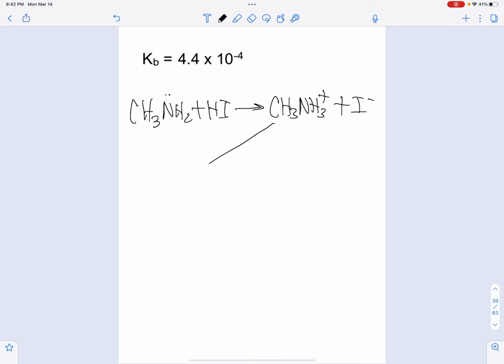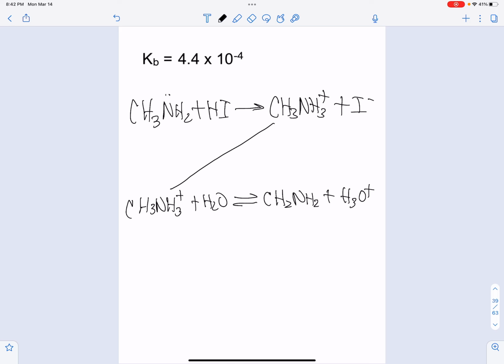We already know that this is the only one that is going to react with the water. We know why the iodide is not going to do that. And it's going to create an equilibrium, and it's going to make this environment acidic. Well, at this point, if I can find the hydronium concentration, then I can tell you exactly the pH.